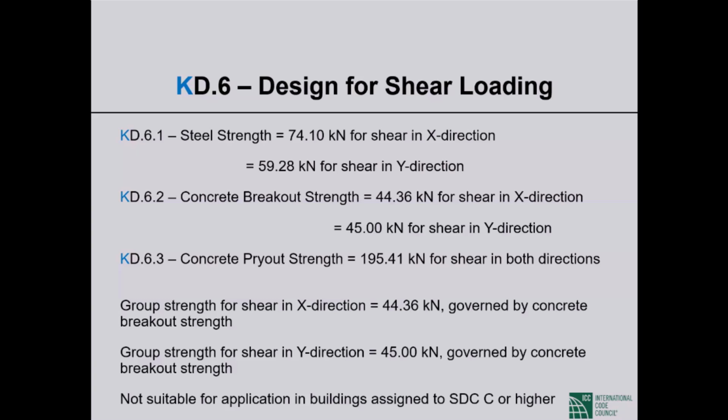Okay, so this is the bottom line. Steel failure strength 74.1 kilonewton for X direction shear, 59.28 for Y direction shear. Concrete breakout strength 44.36 for X, 45 for Y. Pry out, irrespective of direction, 195.41. So the group strength for shear in X direction is the smaller of the two values, 44.36, and the group strength for Y direction shear is the smaller of 59.28 and 45, which is 45.